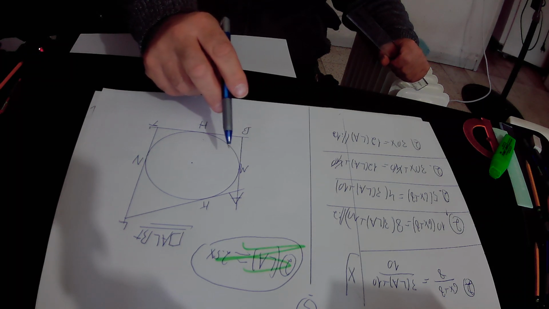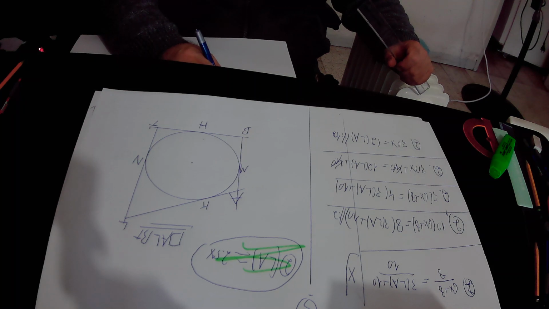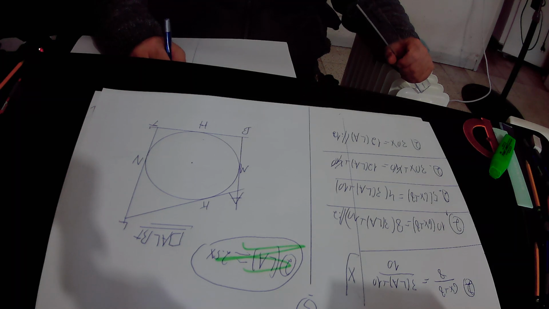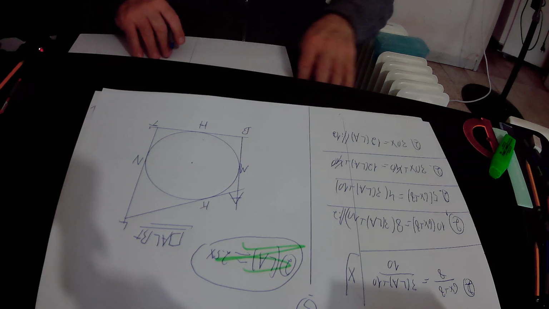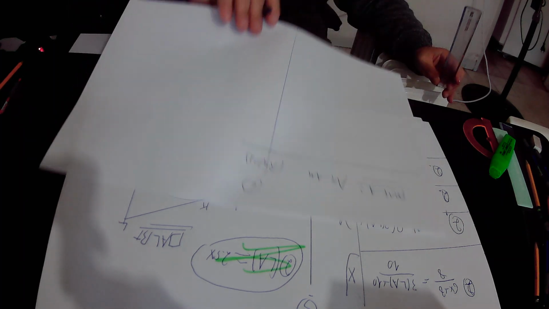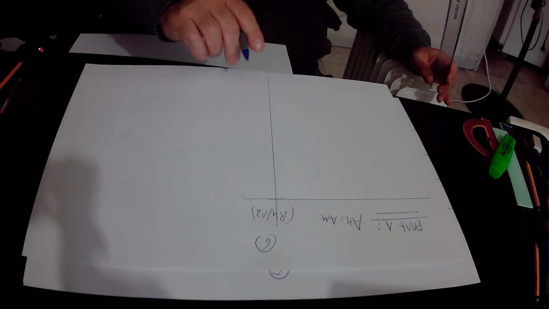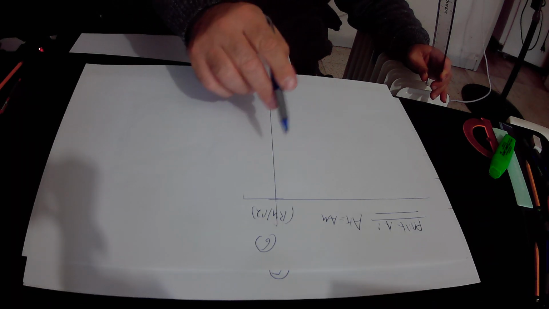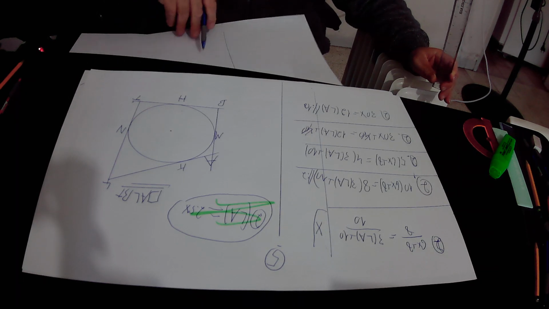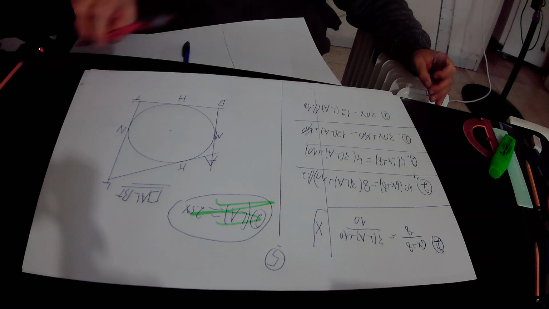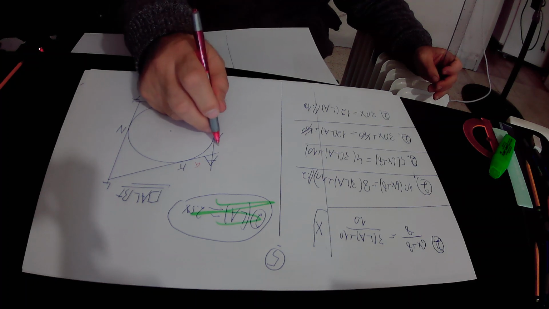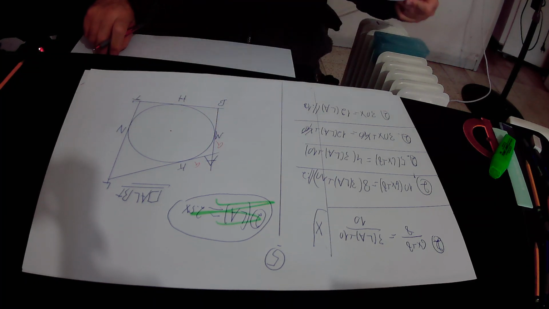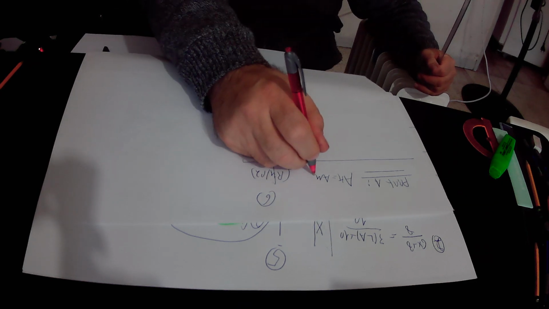That is to say, AK equals AM. So if we define the length of tangent AK as A, then the length of tangent AM must also equal A because they are equal to each other. So we found out that AK equals AM equals A.